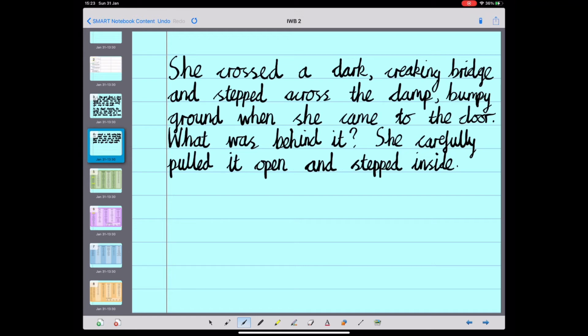Okay, so now it's time to move on to the build-up. So this is where we write down what happened next. What could happen next? Let me look at my plan. Okay, so looking at my plan, it says Gemma nervously, there's another adverb, stepped inside.